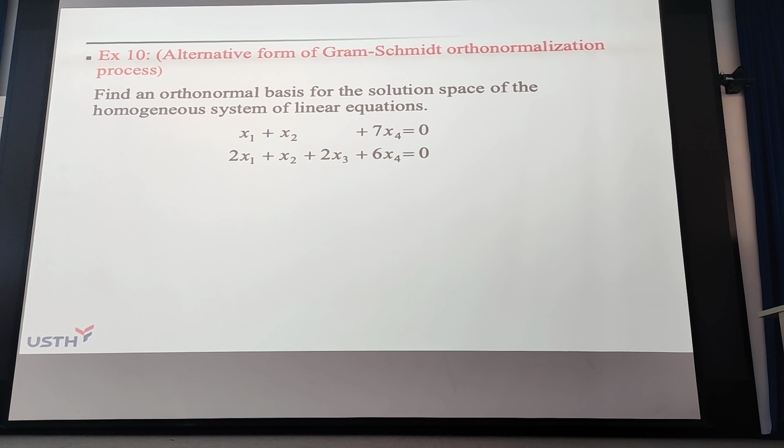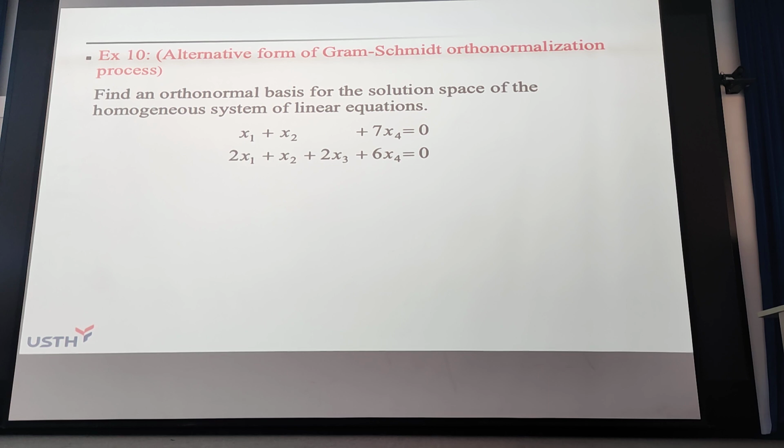Suppose that you are given a homogeneous system of linear equations like that, and you know already all the solutions of the system make a subspace of R4. Now you are required to find an orthonormal basis for the solution space of that system.